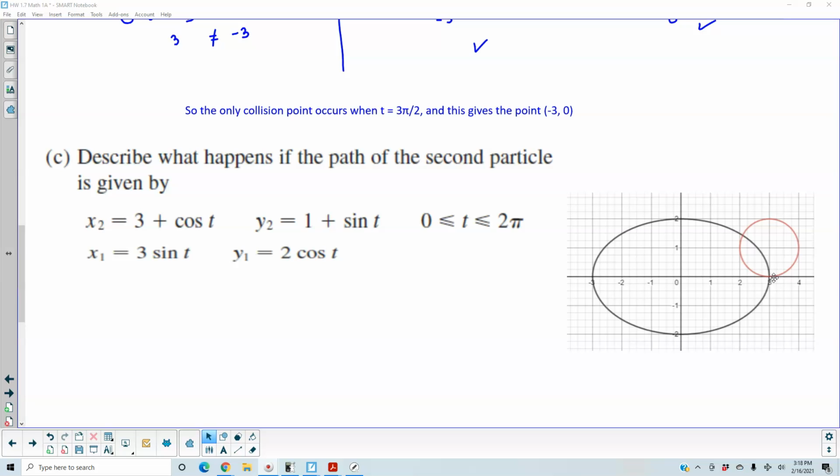And if we do the same substitution like we did earlier, we have x1, which is equal to x2, so we have 3 sine of t, which is equal to 3 plus the cosine of t. And our second equation is 2 cosine of t, which is equal to 1 plus the sine of t.